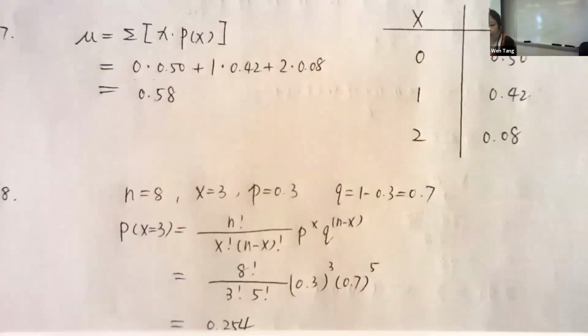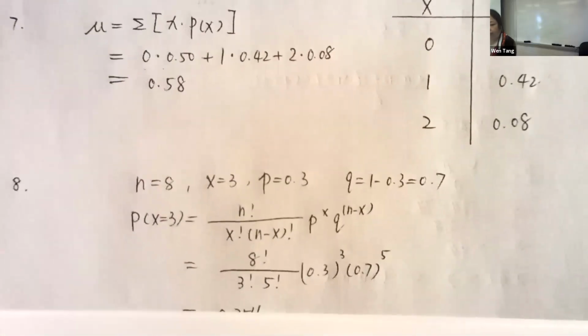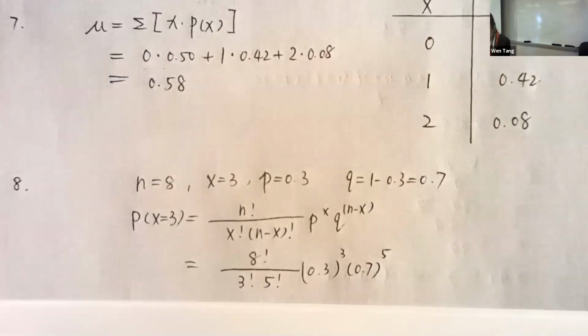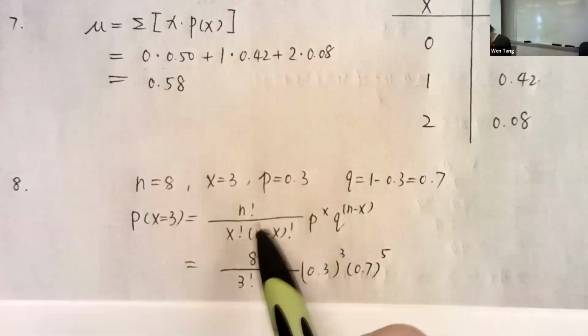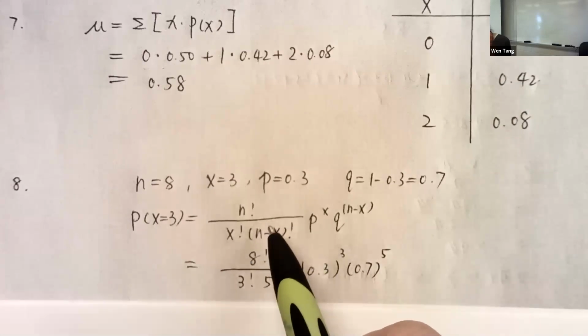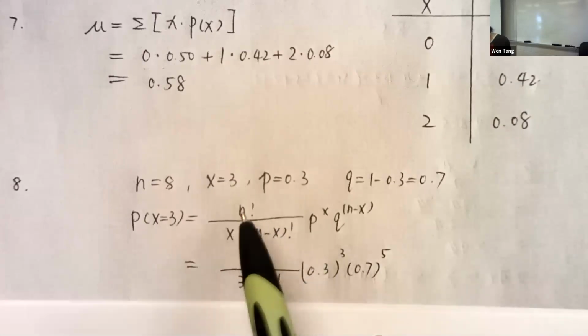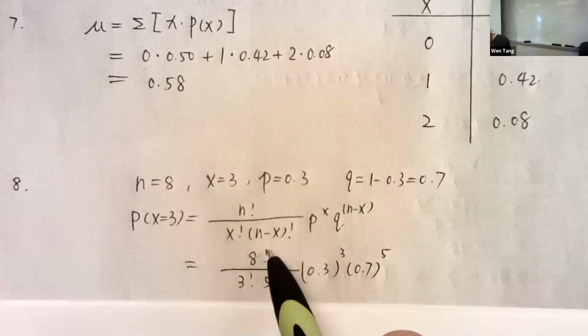So we're going to use the binomial distribution formula. x is equal to 3. So this is the corresponding binomial formula, right? And we have n equal to 8. And we know we have 3 successes. 8 minus 3 means 5 failures.